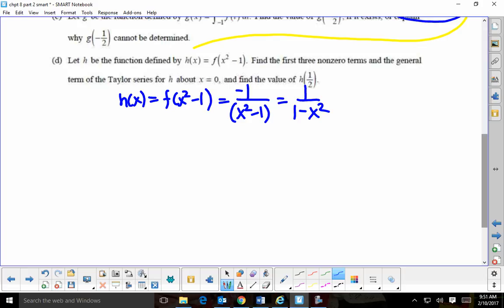Well, could I find h of 1 half pretty easy first? Yeah. Let's do that, and then we'll go do the rest. Is that all right?